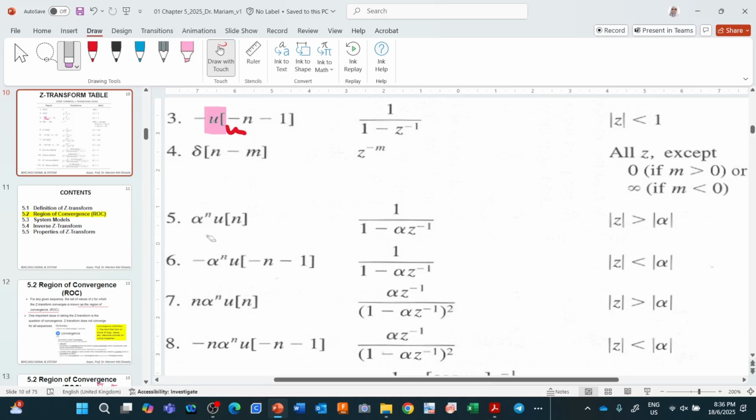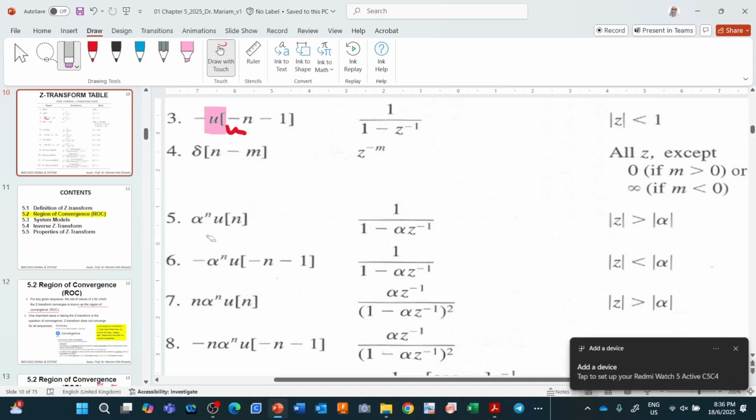On the circle, 1 over 2 and minus 1 over 2. So how do you draw |Z| more than 1 over 2? It means you have terms like this, and it goes outward, going out to infinity, because it is more than 1 over 2.